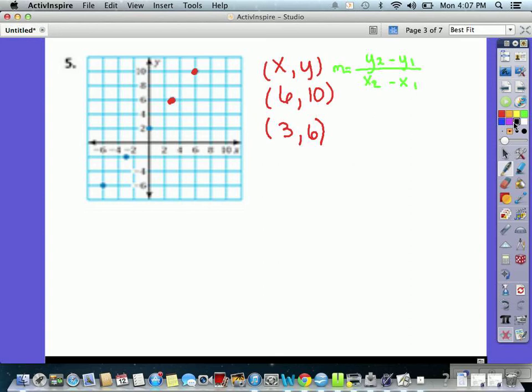So I'm going to say 10 minus 6 over 6 minus 3. 10 minus 6 is 4. And 6 minus 3 is 3. So m is equal to 4 over 3.